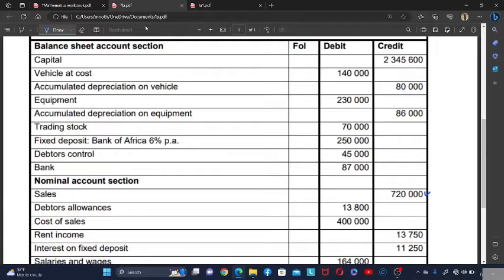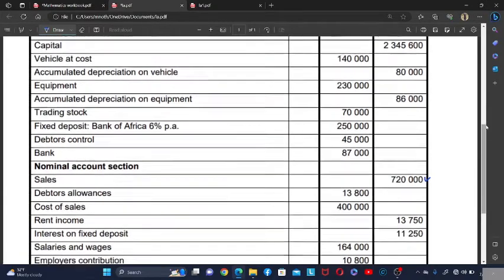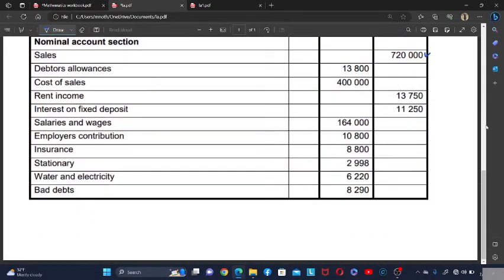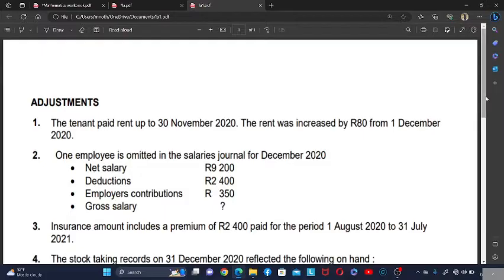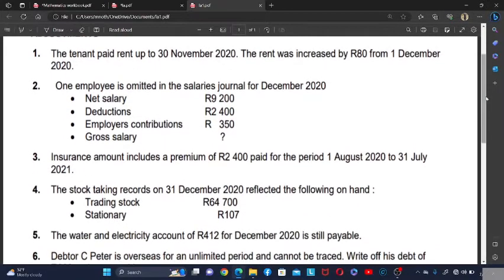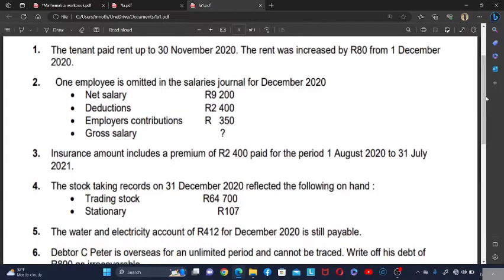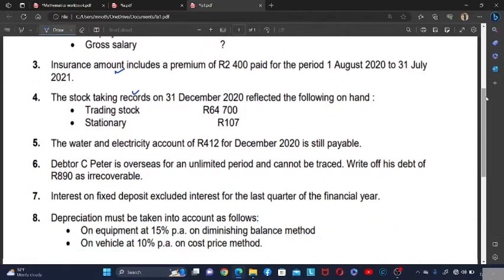Let's check in the transactions if there's something that is affecting the sales and the cost of sales. Number one is talking about the rent, then the salaries, then insurance, trading stock. There's nothing talking about the sales and the cost of sales here.